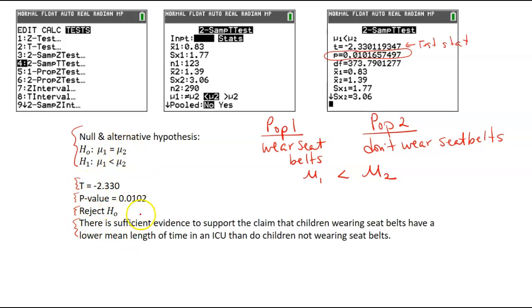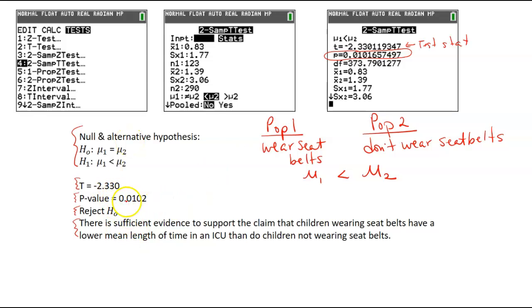So at a minimum, this is what I have to see for you to get credit on a hypothesis test from Chapter 9. Now Chapter 8, we worked with our test statistics and working out the calculations and the p-value, so I would expect to see that. In Chapter 9, we're getting everything from our calculator, so this is kind of the summary of what I would expect to see.